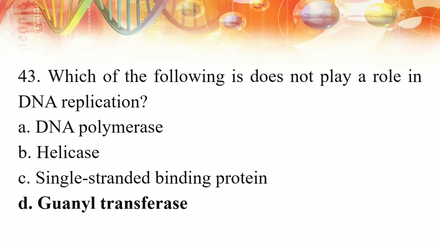DNA helicases are essential during DNA replication because they separate double-stranded DNA into single strands, allowing each strand to be copied. Single-stranded DNA is produced during all aspects of DNA metabolism, such as replication, recombination, and repair.